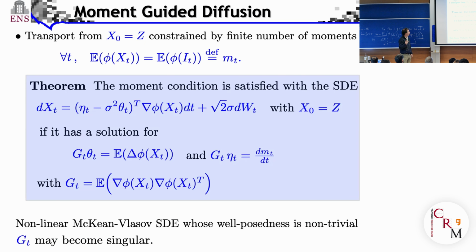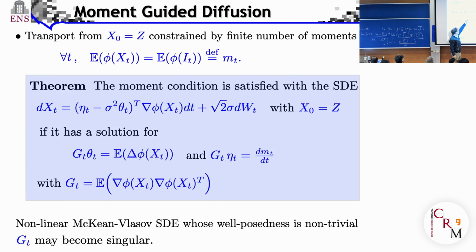What is really difficult in this problem is that this theorem supposes that there is a solution to this system of equations. So again, this system of equations imposes the evolution of dt as a function of these 2 parameters, but there is something a bit more complicated than in the previous case. The 2 parameters, eta t and theta t, depend upon xt.